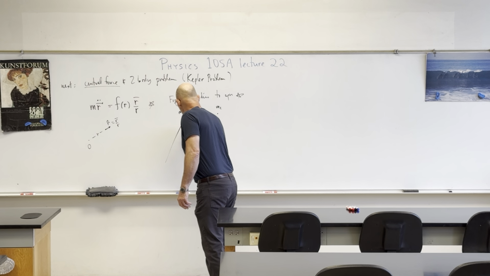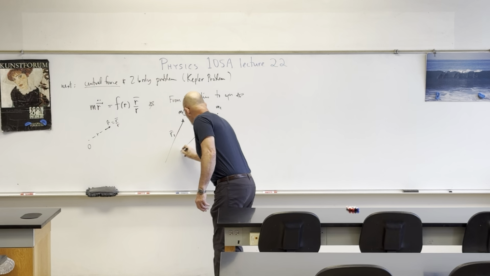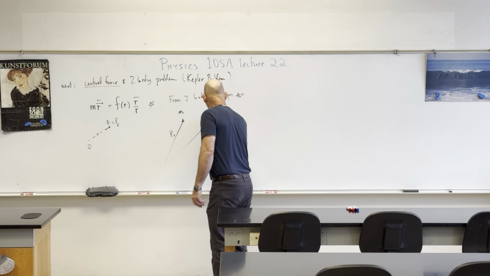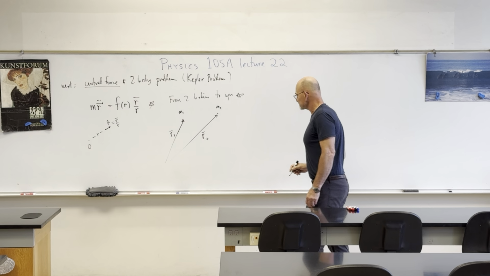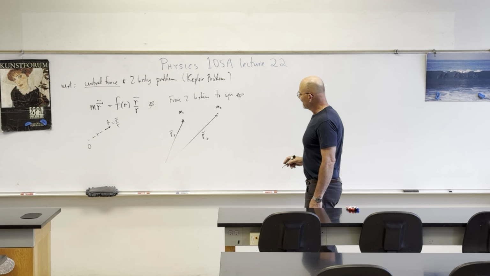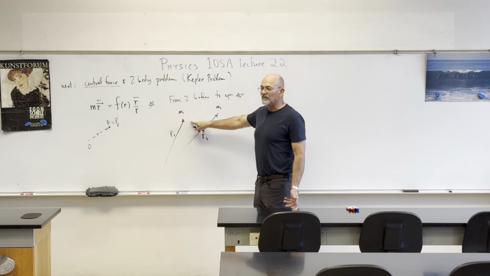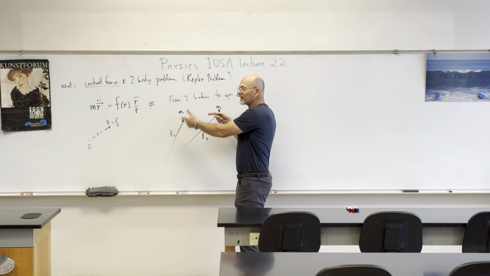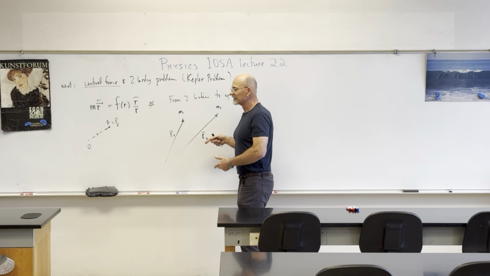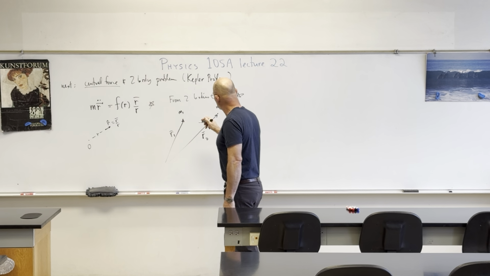They both have their position vectors, r1 and R2. And each one of these obeys Newton's law of motion, and what's acting on them is the force due to the other particle.